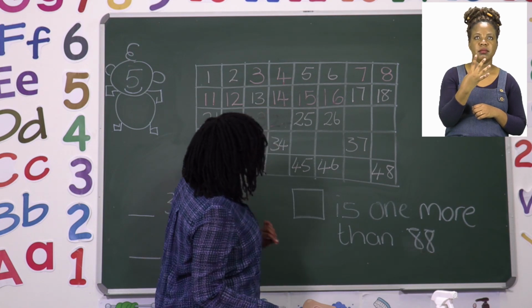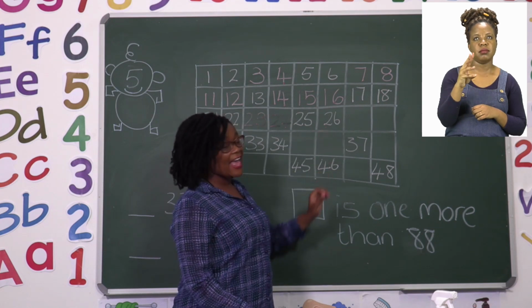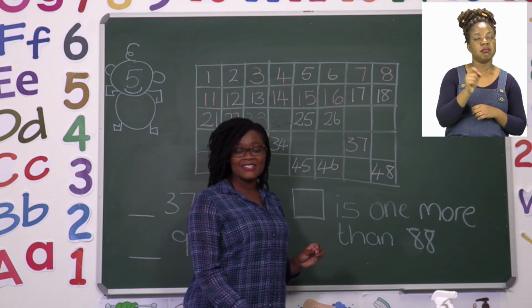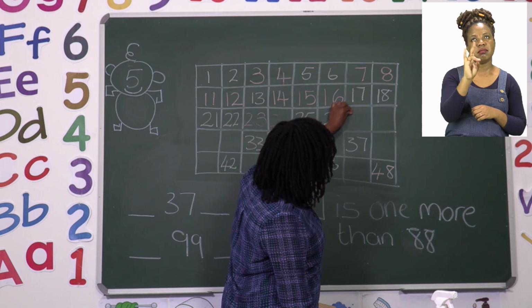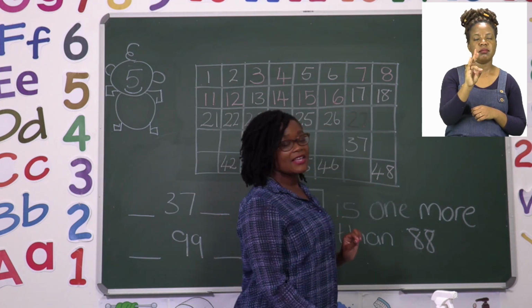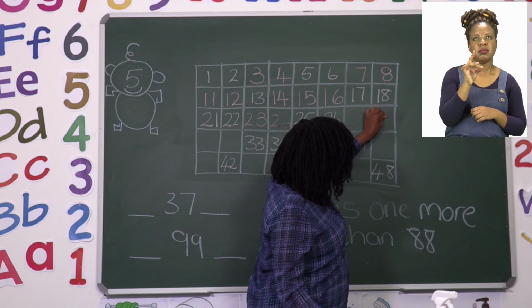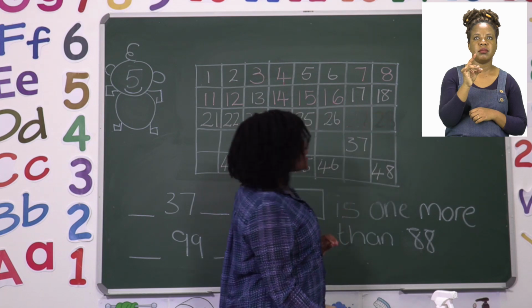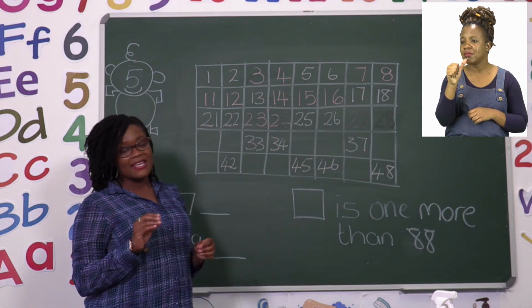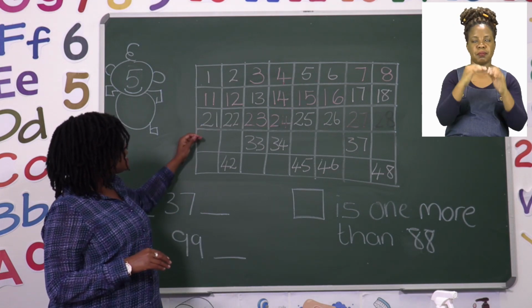Let us continue counting. 25, 26, and now after the number 26, we have the number 27. And then after that, we have the number 28. If there are any more numbers missing in that row, it is your job to fill them in by yourself. Let's go to the next row.